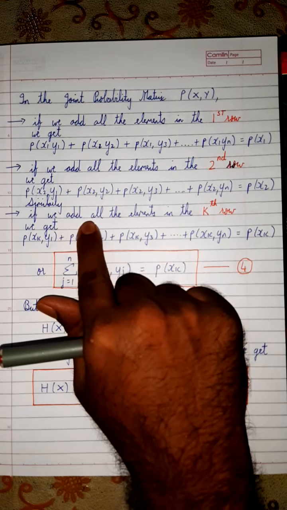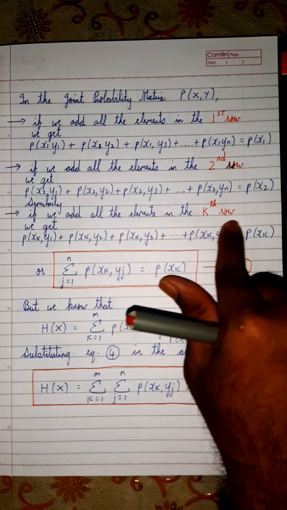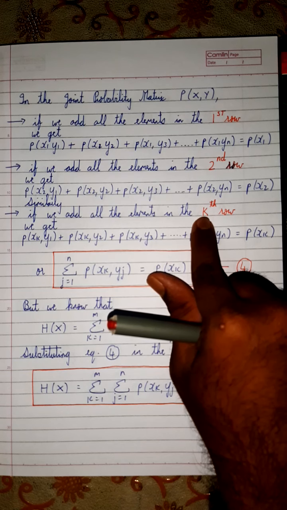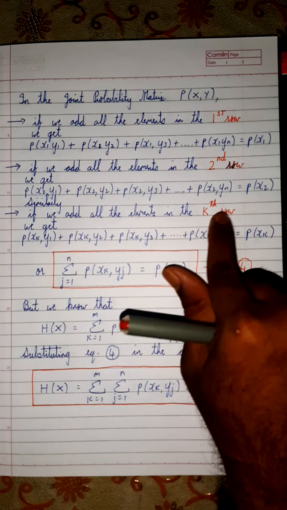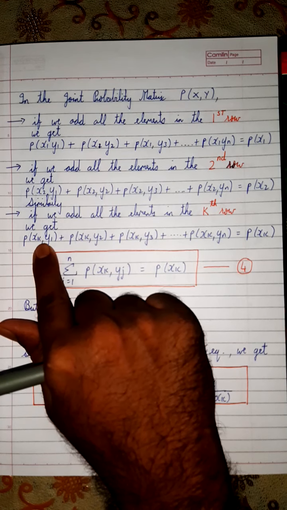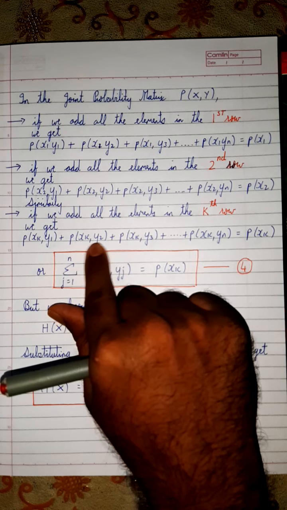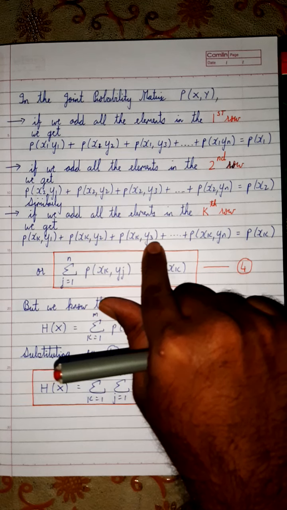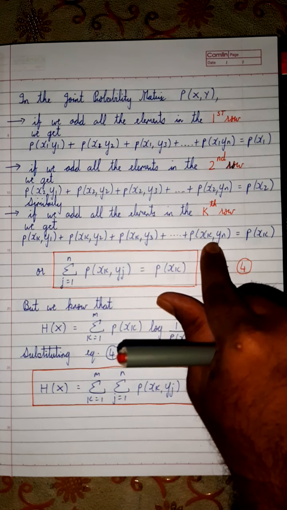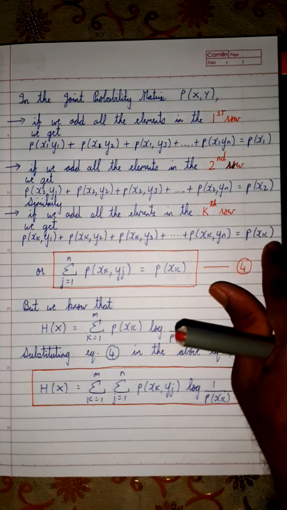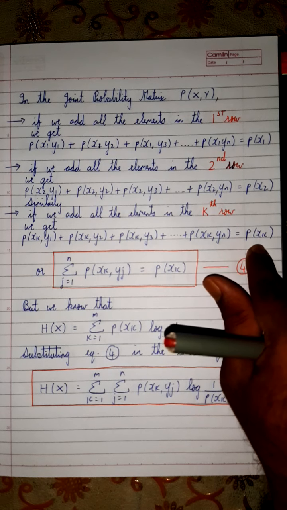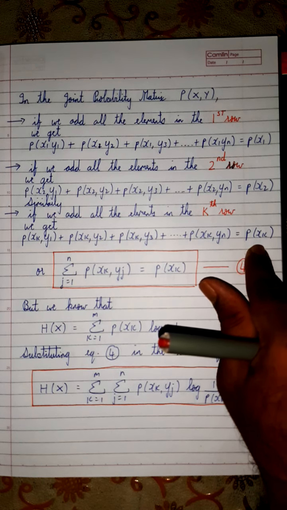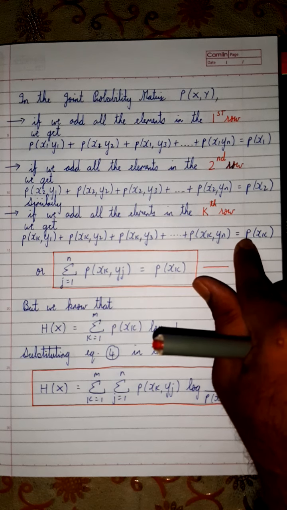If we add all the elements in the kth row, where k can be a number from 1 to m, we get p of xk y1 plus p of xk y2 plus p of xk y3 up to p of xk yn, which is nothing but the probability of that particular transmitted element's row, p of xk.